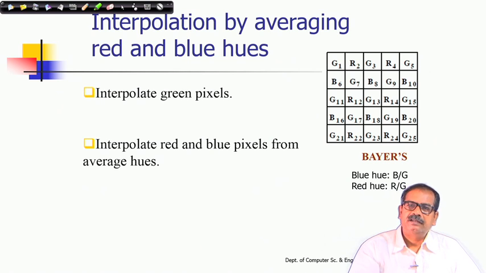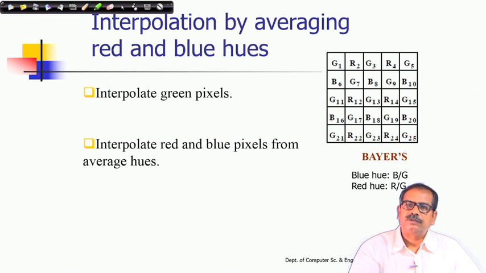Once you have done it, then you are able to compute the blue hue and red hue in respective positions. Wherever a blue sample is available, you can compute blue hue, wherever a red sample is available, you can compute red hue. So, while interpolating a blue sample at a pixel where blue is missing, you consider its neighboring blue hues, average them, and then multiply with the respective green value at that pixel.